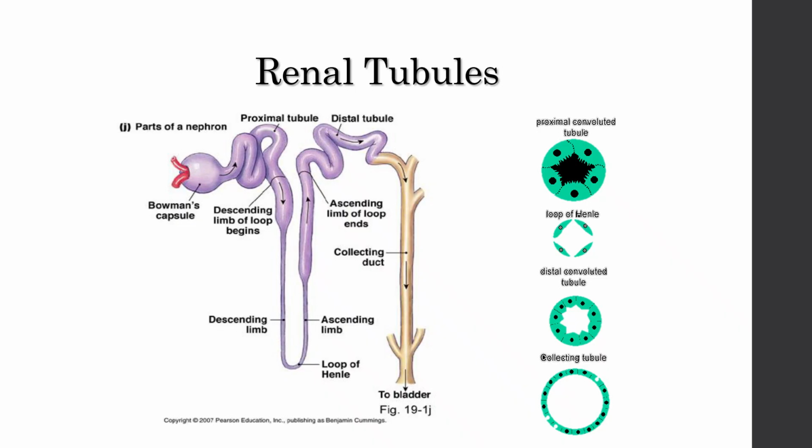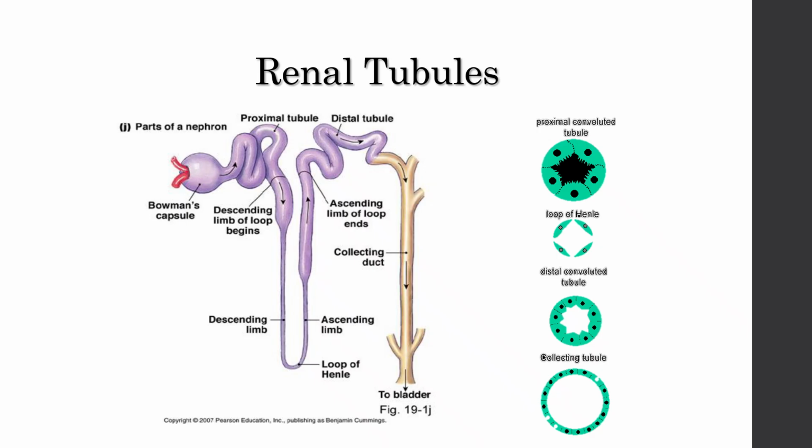So once fluid leaves the glomerulus, it enters the renal tubules, and this is where the real chemistry happens. The tubules don't filter. They modify what's already been filtered. So let's walk through them in order. You have the proximal convoluted tubule, or the PCT. This is the workhorse. The PCT reabsorbs about 65 to 70% of filtered water and electrolytes.